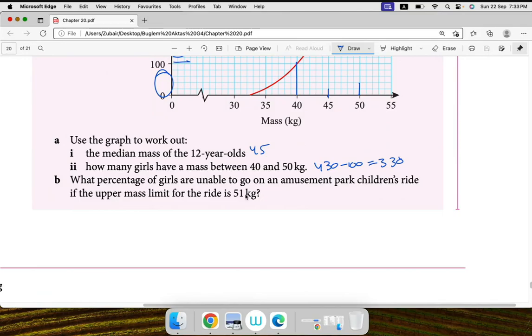What percent of girls are unable to go on an amusement park children's ride if the upper mass limit is 51?